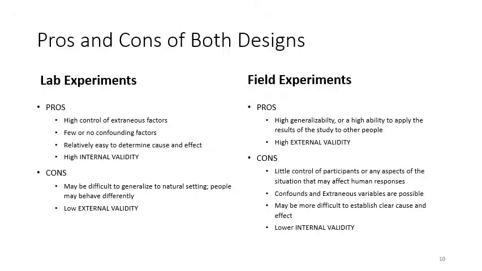Because these participants are just living their lives walking down the street, for example, the researcher can't control everything. And so confounds and extraneous variables are possible. It might be more difficult to establish a clear cause and effect. So we say it has lower internal validity.